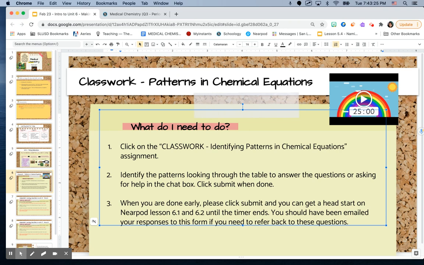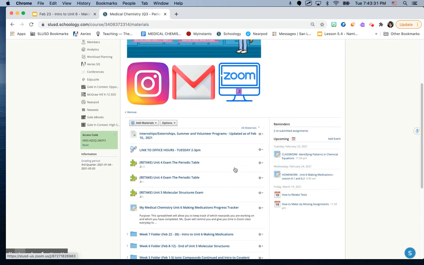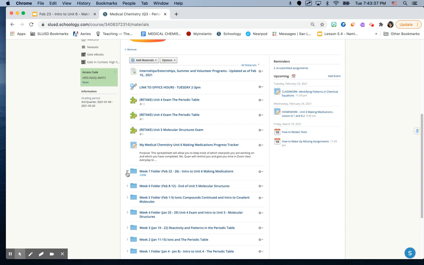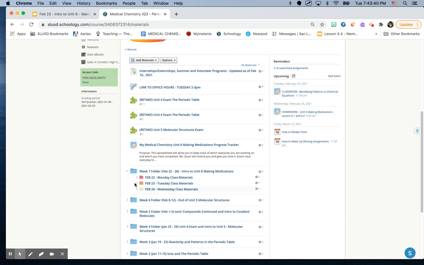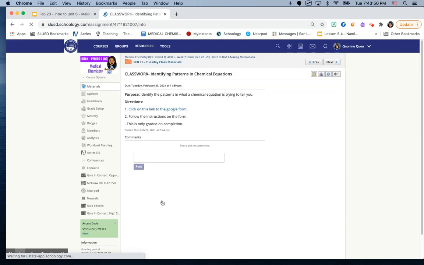To complete your classwork and see if you can teach yourself how to read a chemical equation, scroll down to your main page of Schoology, either on classwork or, if it's not showing up on the right hand side there, click on the Week 7 folder and then February 23rd, Tuesday class materials, and click on Classwork Identifying Patterns in Chemical Equations.